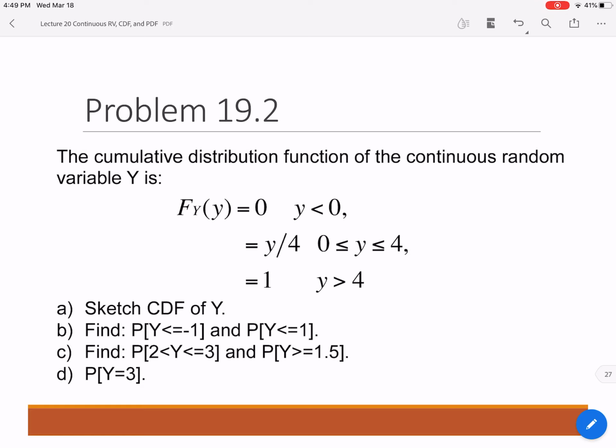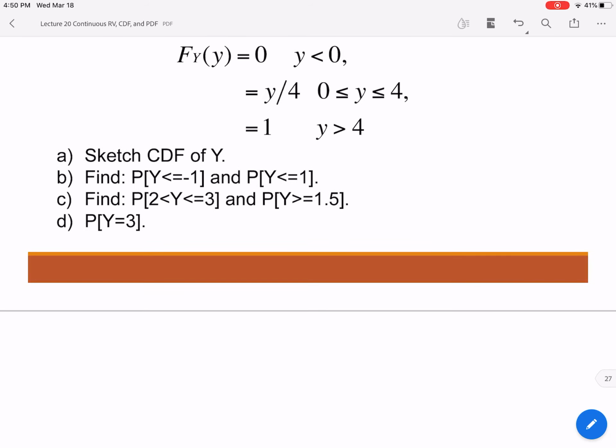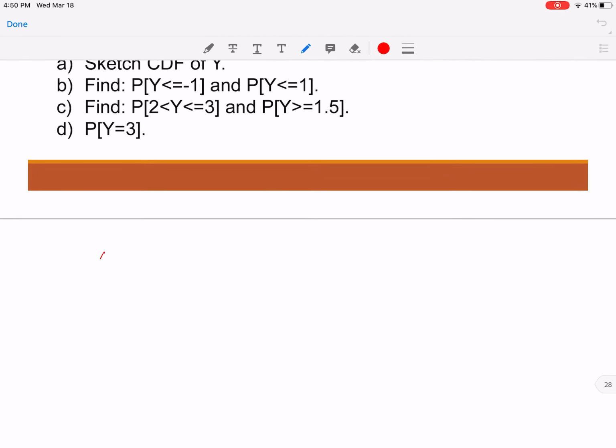19.2. So first, we need to plot the CDF. The CDF of y will take a form that looks something like this. On the x-axis, you have the variable y, and on the y-axis, you have F of y.